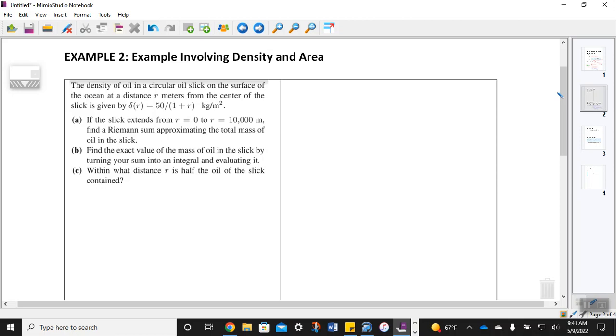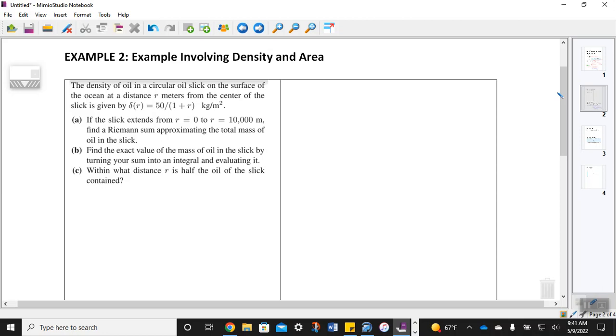Now think about this. If I spill something, the densities change. You would figure the density would be a lot higher right at the spill, and then eventually it starts to spread out. It says if the slick extends from r equals 0 to r equals 10,000 meters, find a Riemann sum approximating the total mass of the oil slick.